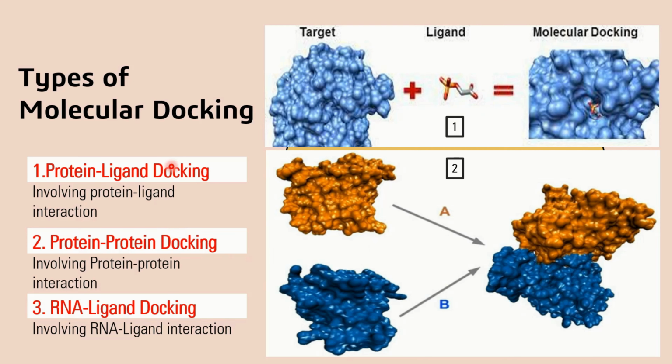We also have types of molecular docking. There are actually a few types. The first one is protein-ligand docking, where a particular target is docked against a particular ligand, and you have the complex: this is the protein, and this is the ligand in the active site.